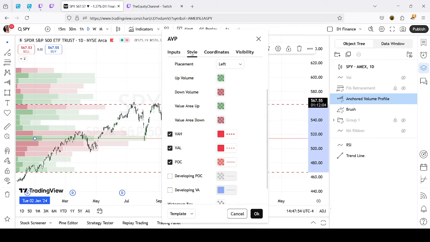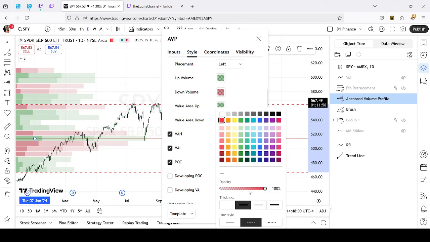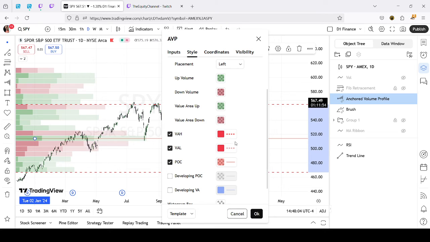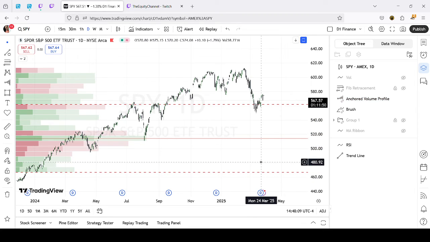So you go to style, and just like how I changed the colors and made it dashed lines, change the thickness of it so that it's even easier to identify on your chart.